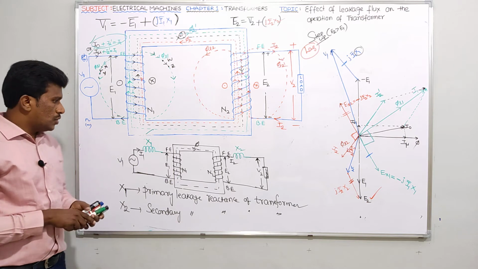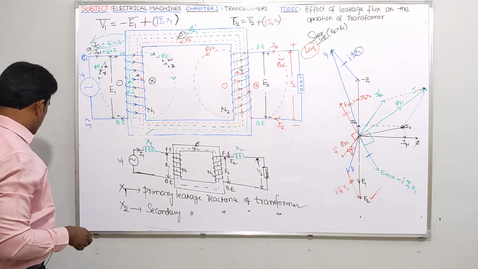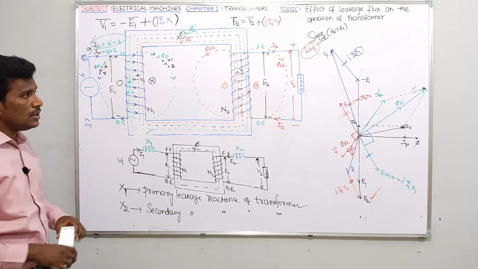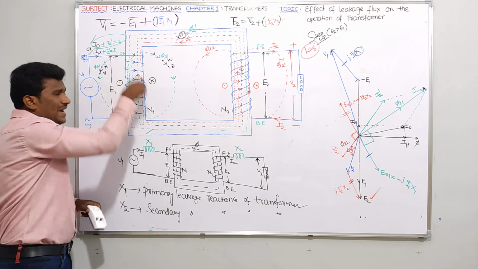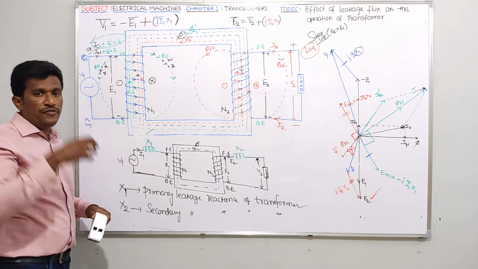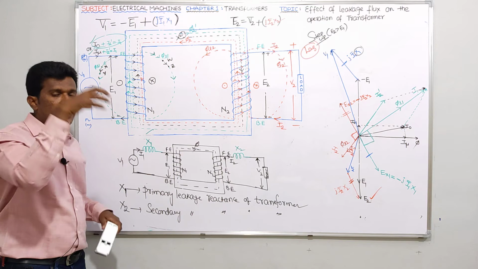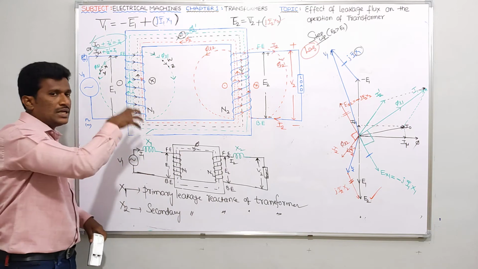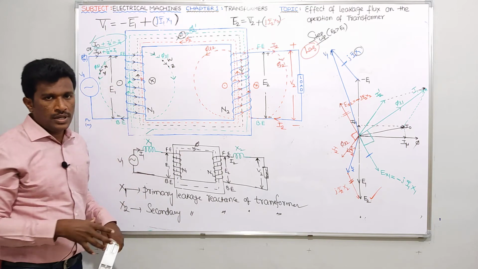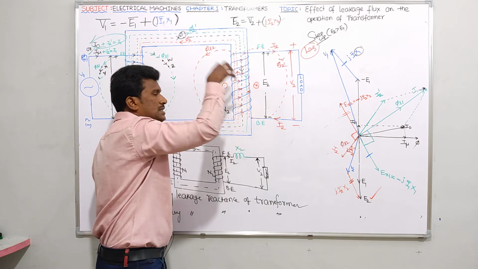Okay guys, so don't confuse this X1 and X2. It's very simple. In the primary winding, physical inductive reactance will definitely be there, no doubt. In the secondary side also, physical inductive reactance will be there.